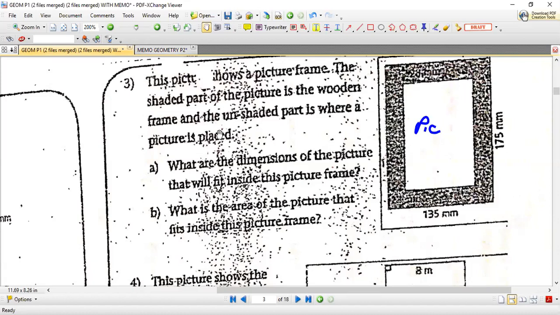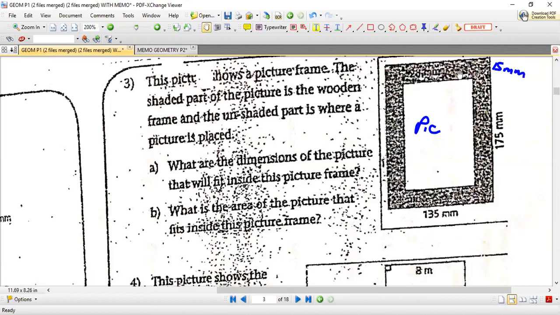And if we are given the dimensions of the border, which is 15 millimeters, the border measures 15 millimeters. Okay, that was omitted.